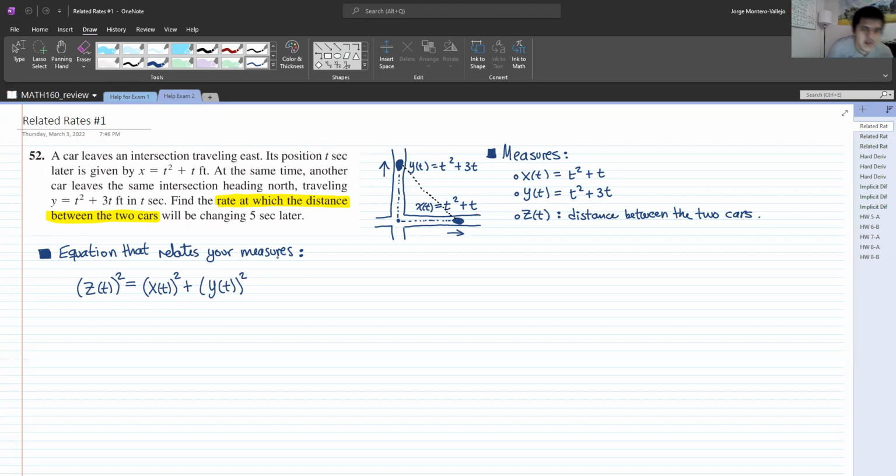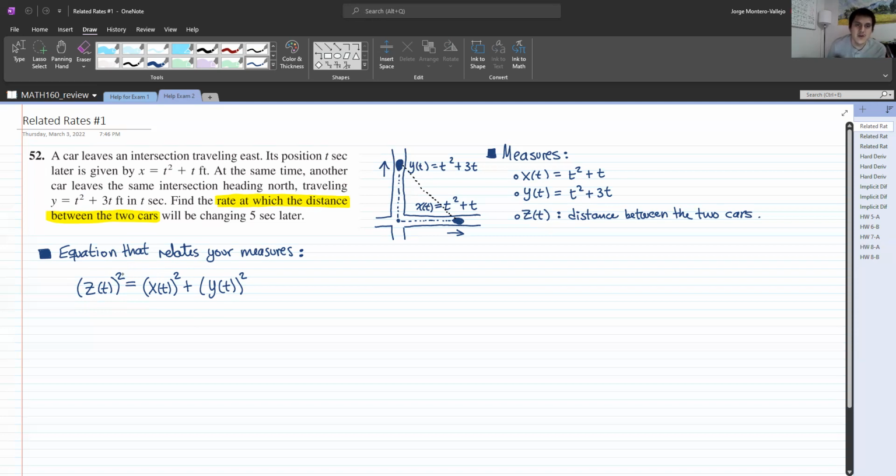Now we can go ahead and differentiate implicitly. So when we do that, we need to be careful, right? Because these are functions being squared. And when you take the derivative of a function raised to any power, you need to use the general power rule, right? Okay, so we are going to use that rule.